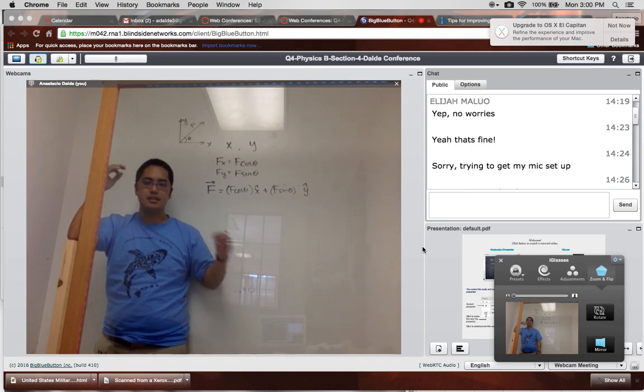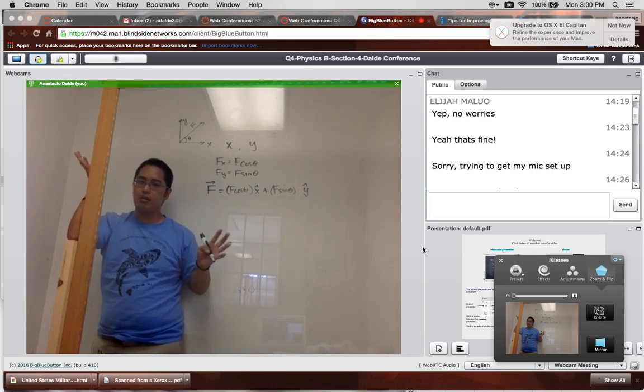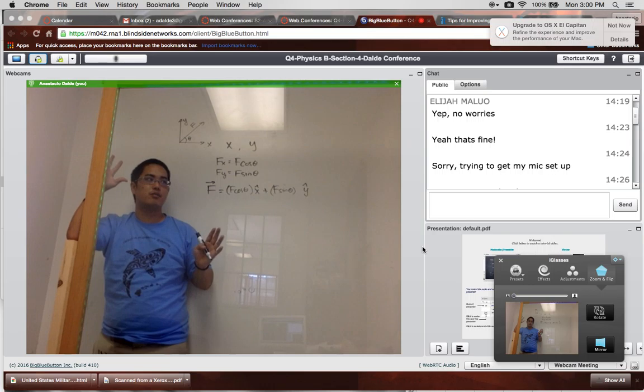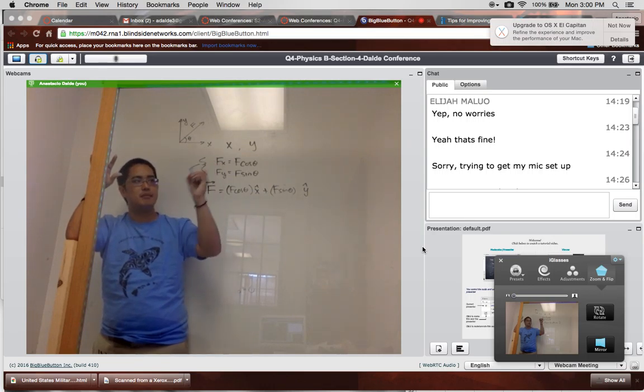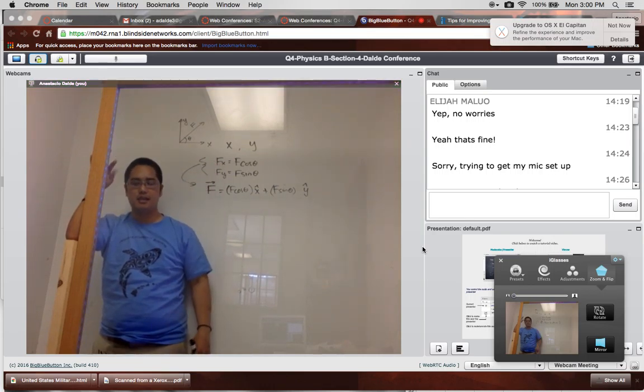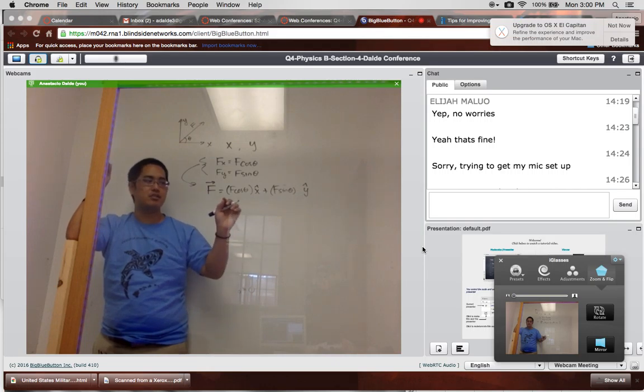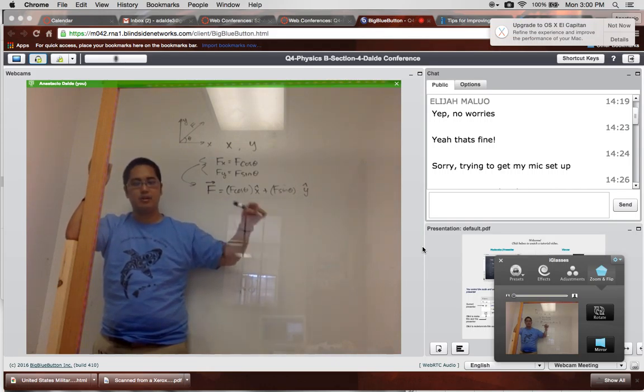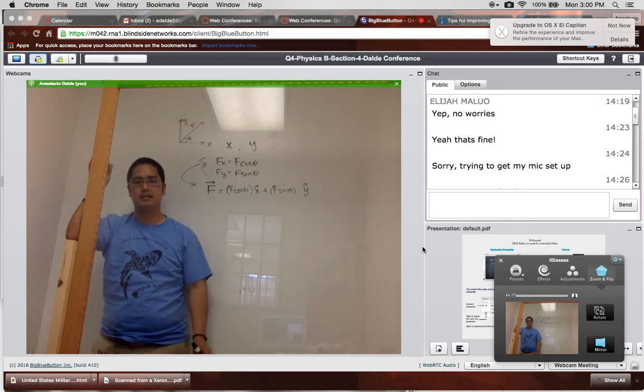This is no new physics here at all. I'm just showing you a different way to write these. This is the same as this. And a lot of times, engineers like to use this, because in one line, they can put all the different pieces of information they need. You see that?